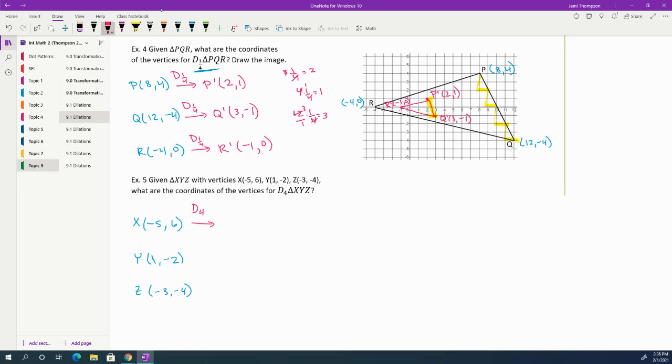All right. So when I get my new coordinates here, remember this is X prime, that's an apostrophe, so I multiply everything by 4. So -5 times 4 gives me -20. 6 times 4 gives me 24. 1 times 4 is 4. -2 times 4 is -8.